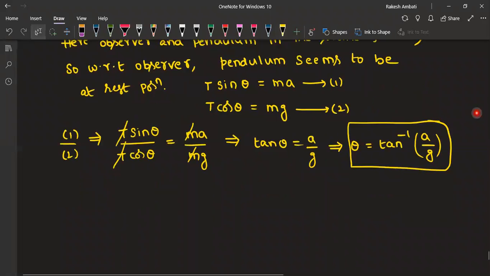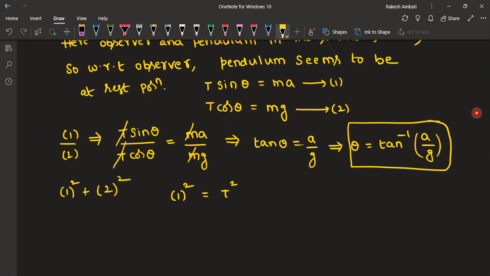Then the second question: we also have to find the tension force T. To find it, I'm doing equation 1 squared plus equation 2 squared. Squaring equation 1 on both sides, we get T square sin square theta equals m square a square.